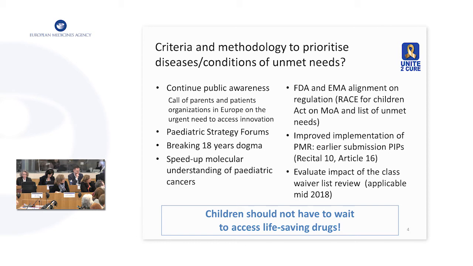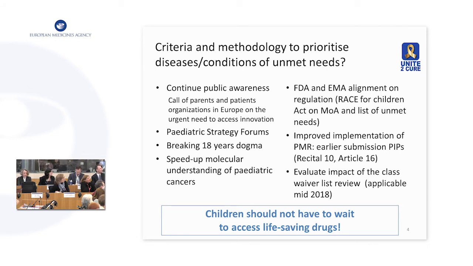We think it's very important to speed up the molecular understanding of the pediatric cancers. That would help in the methodology. There's a question mark: could FDA and EMA have a bigger alignment on regulation, with the example of the RACE for Children Act based on the mechanism of action and a list of unmet needs?